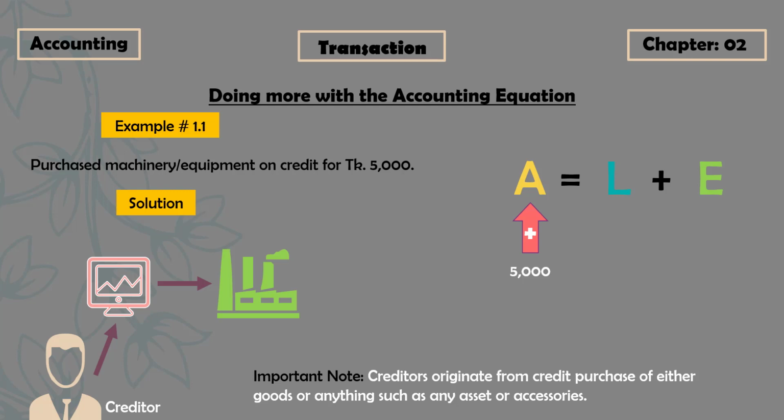So A increases by 5,000, and L, liabilities, of which creditors are a prime element, also increases by 5,000. This is an example of when assets increase, L also increases.